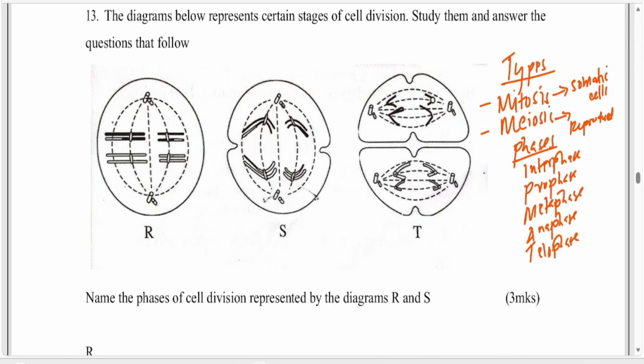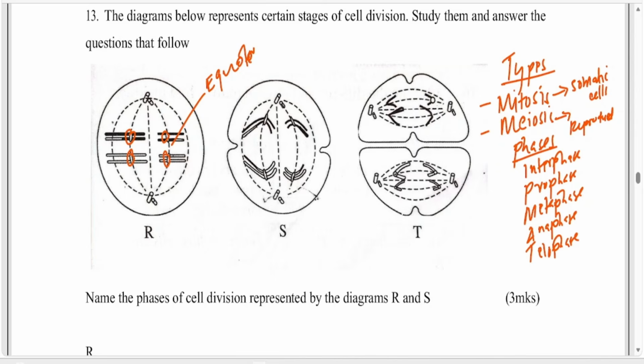So according to what you understood in that particular topic, we have the diagrammatic representation of what happens during those various phases of cell division. When you look at R, you can notice that the chromosomes are in pairs, and these chromosomes have been arranged at the equator of the cell.